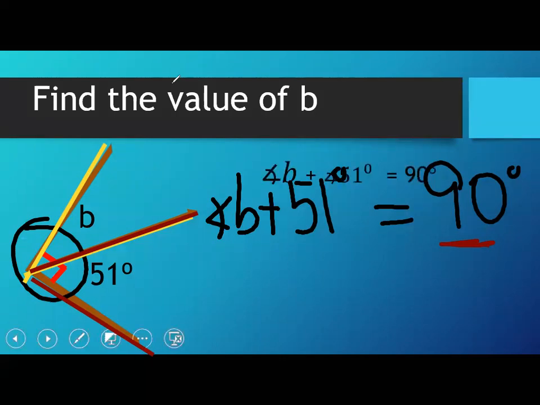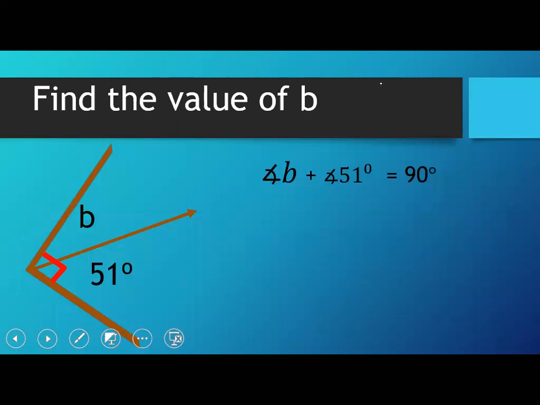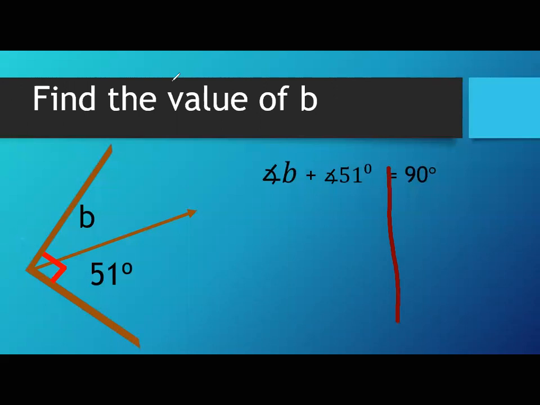Well, that's the equation, and we can use some algebra 1 knowledge for this. We're going to get rid of the plus 51, and that's going to be with the inverse, which is minus. So minus 51 on both sides of the equation.